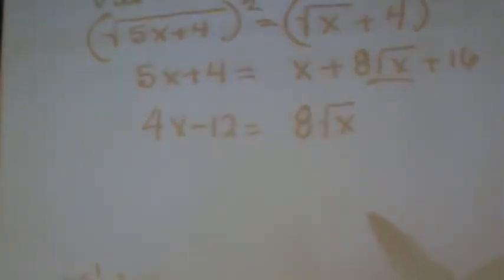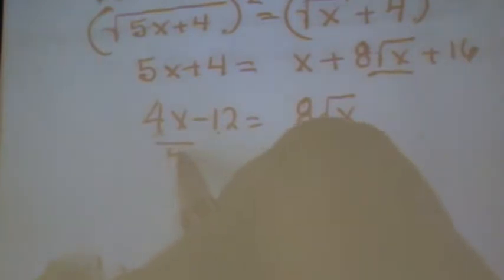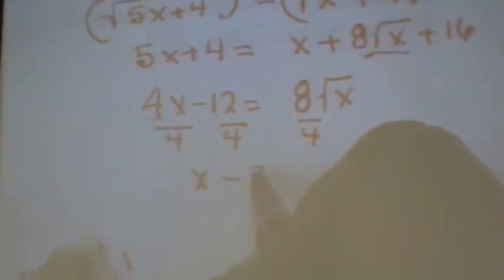Now what you could do, how about 4? You can't do 8. But you could divide this by 4, this by 4, and this by 4. So you get x minus 3 equals 2 root x.